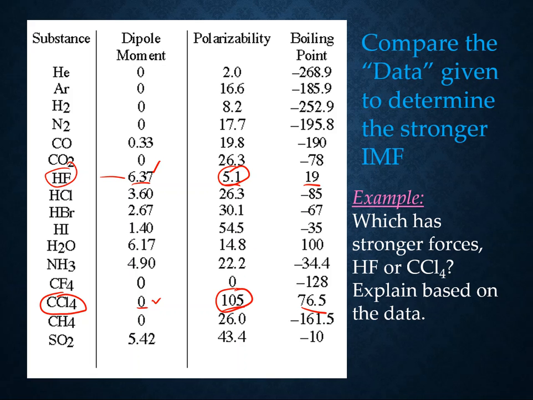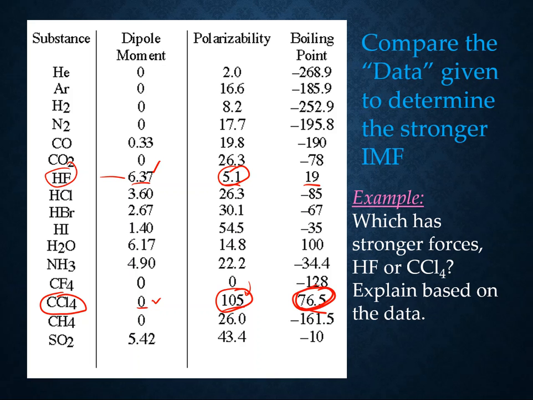The polarizability of HF, even though it's got hydrogen bonding and all that stuff, it's not nearly as polarizable as carbon tetrachloride. Why is carbon tetrachloride so much more polarizable? What's the huge difference here? We know it's nonpolar, we know it only has London dispersion forces, but what makes it so much more polarizable? The number of electrons, it's so much more massive. So therefore, its boiling point is much higher.